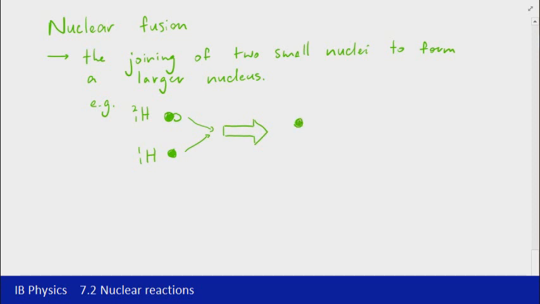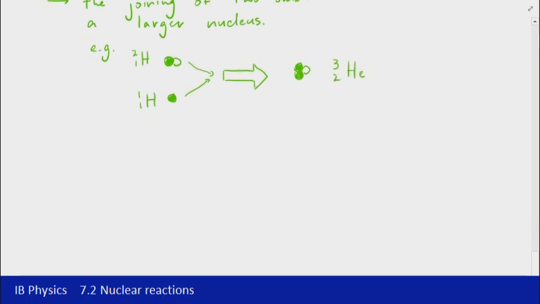In this case, fairly straightforward, we'll have two protons and one neutron, and so that means that we've now formed 3/2 He.